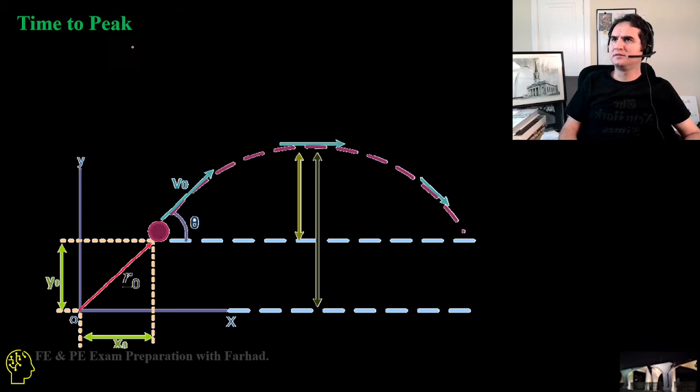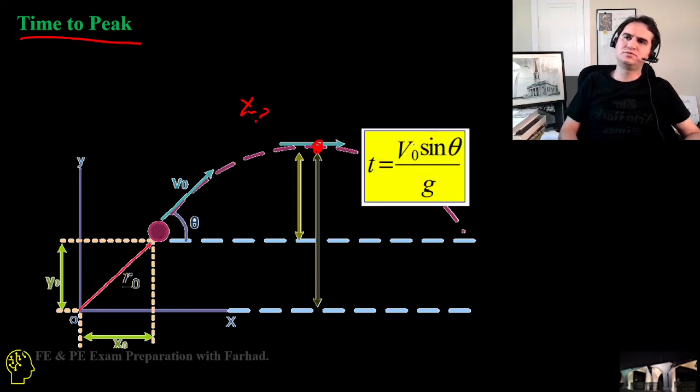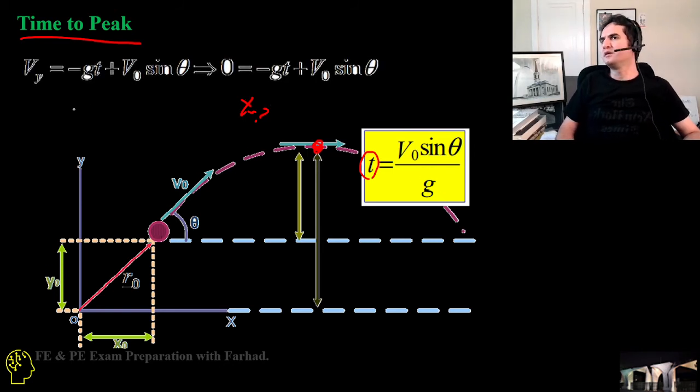And then let's see how we can calculate time to the peak. What is the time to the peak? If you do the math, it gives you time is v naught sine of theta over g. And how can we get that?